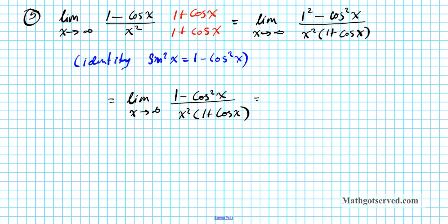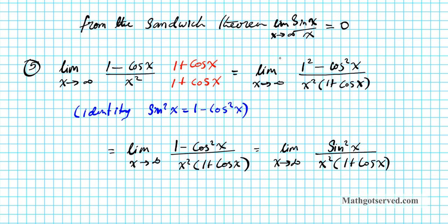The numerator is going to change. Limit as x approaches infinity of sine square x over x squared times 1 plus cosine x. Okay, all right, let's rewrite this in such a way that we can make use of the conclusion we arrived at using the Sounders Theorem number 4.